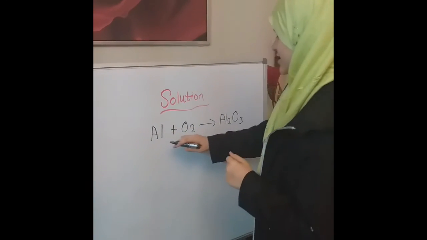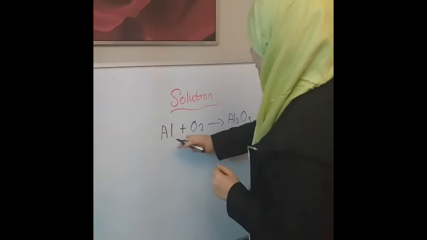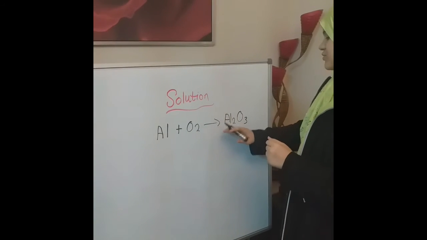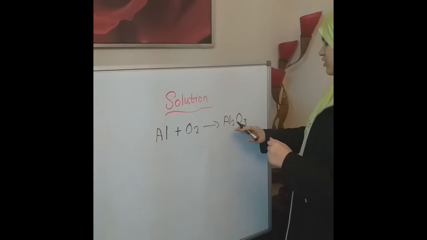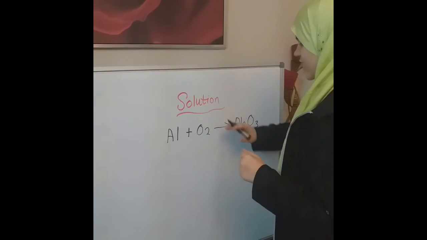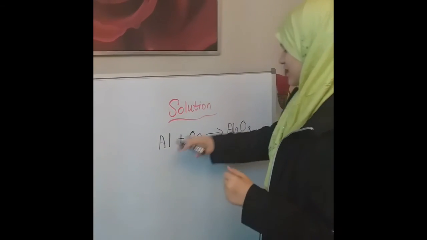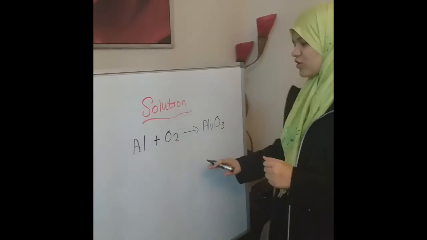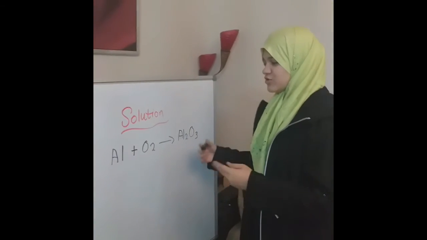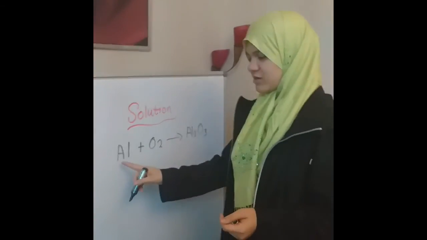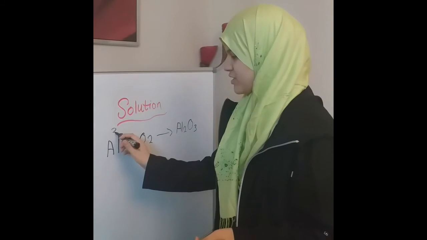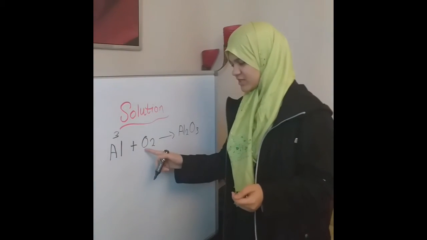Then the next example says aluminium plus oxygen is equal to Al2O3. That means how to make aluminium and oxygen balanced in reactants and products. So let us first know the valence number for aluminium. It is 3. The valence number for oxygen is 2.